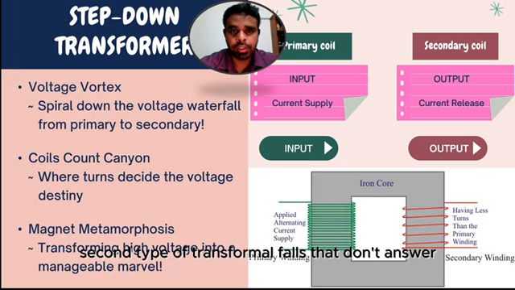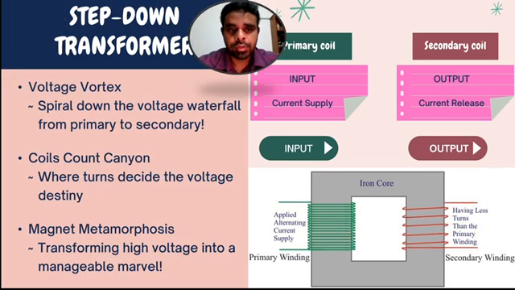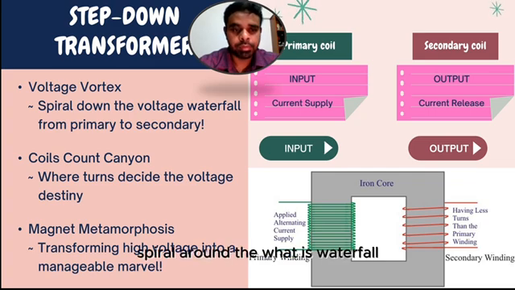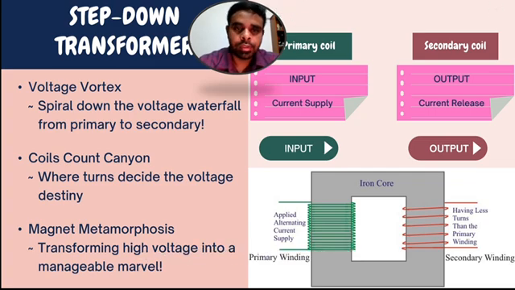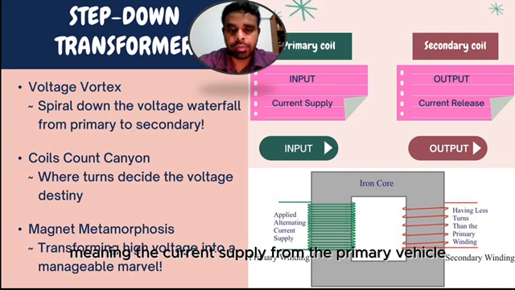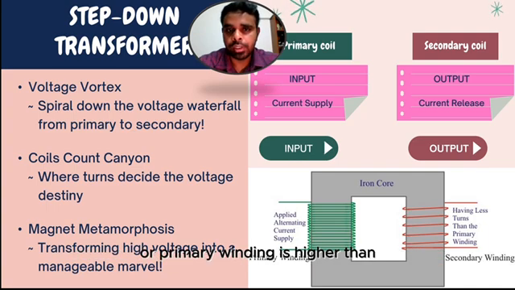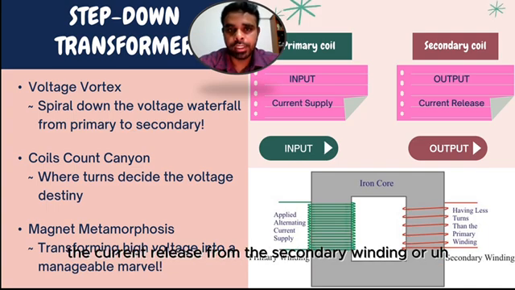The second type of transformer is called the step-down transformer. Firstly, voltage vortex. Spiral down the voltage waterfall from primary to secondary, meaning the current supplied to the primary coil, or primary winding, is higher than the current released from the secondary winding.